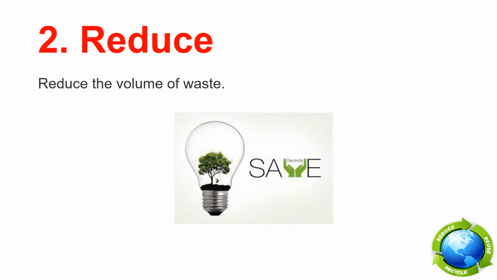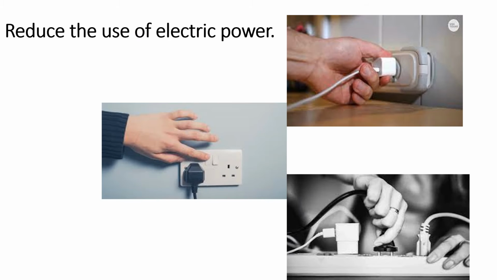Number two is reduce. So first is reuse and second is reduce. When we say reduce, reduce the volume of waste. So what are the waste? These are the garbage and power, for example. So an example of reduce, class, is reducing the use of electric power.